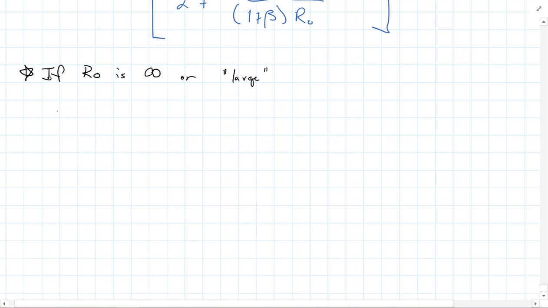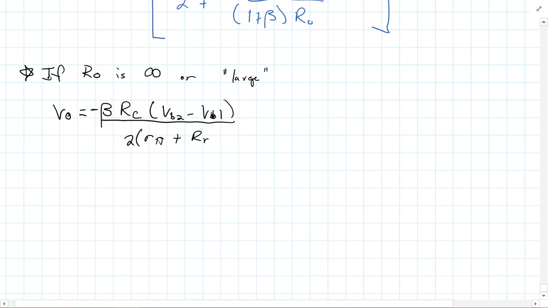We get that V out is equal to negative beta RC VB2 minus VB1 over 2 times R pi plus RB.